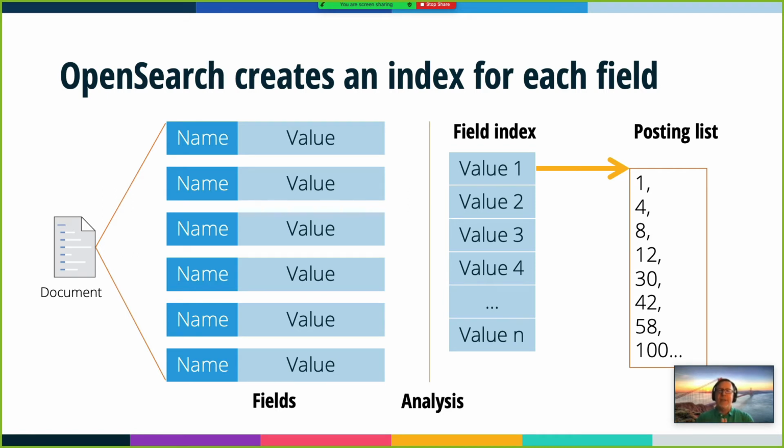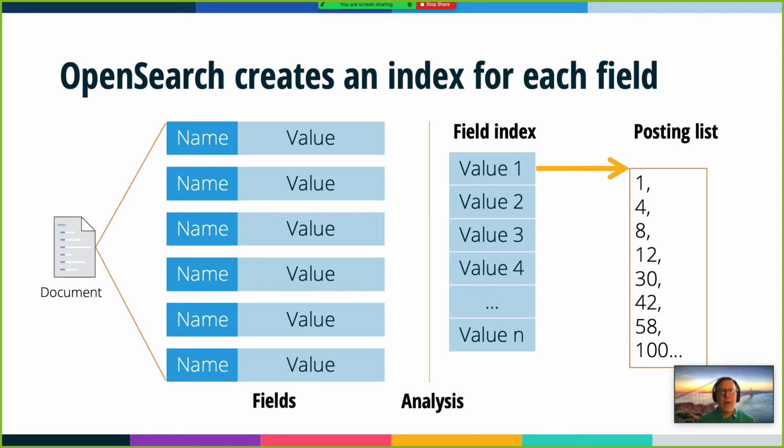I've left out the bar in the middle, the analysis bar. We're going to talk about that in some depth. Fundamentally, you're going to assign a type to these fields, and that tells OpenSearch how to decompose the contents of the value.